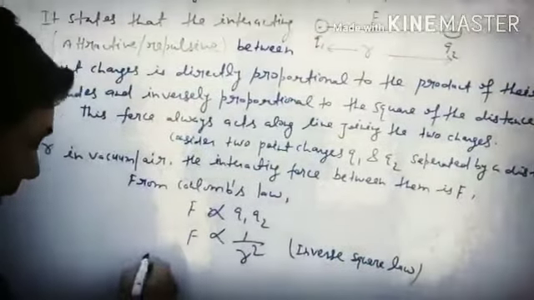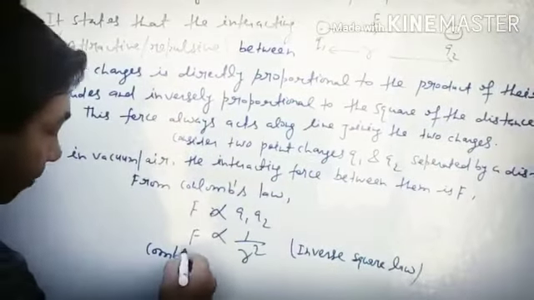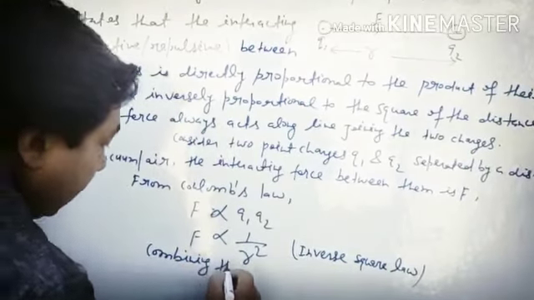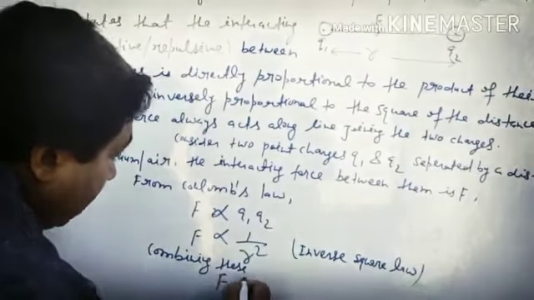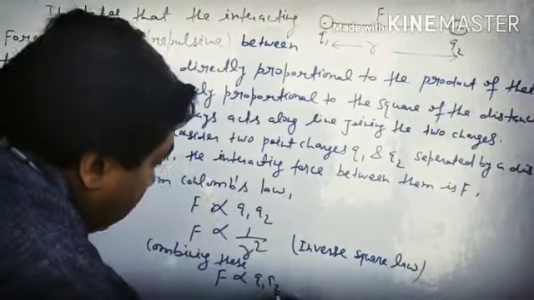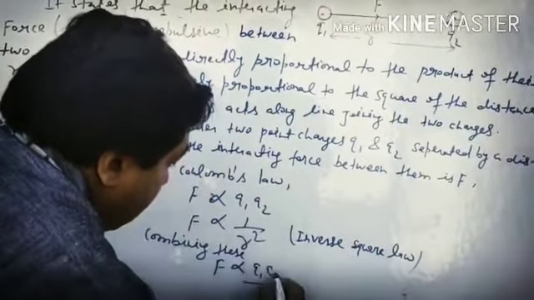If we combine it, F is directly proportional to Q1 Q2 divided by r square.